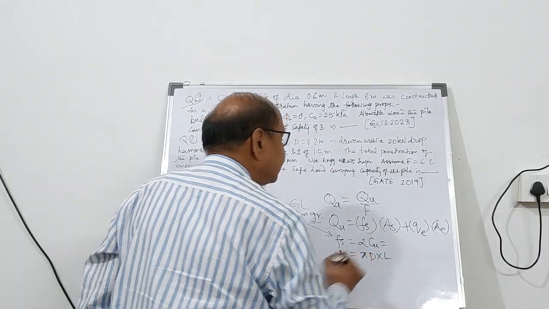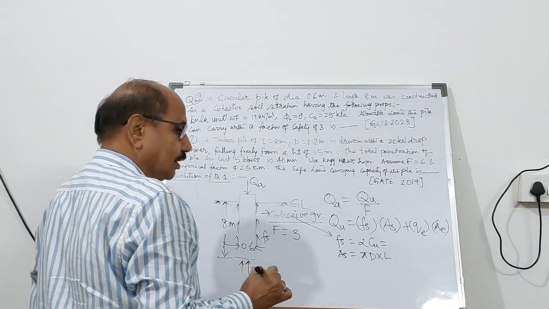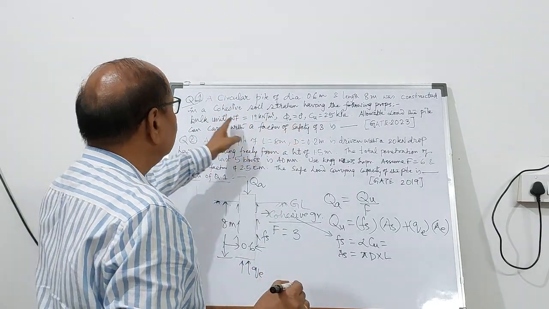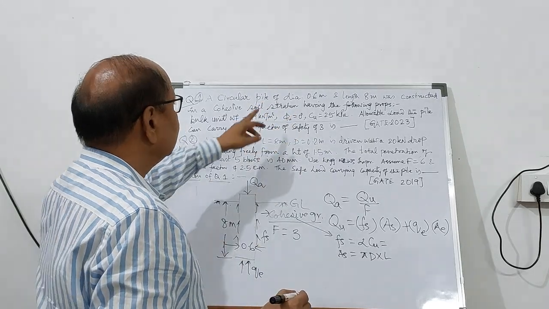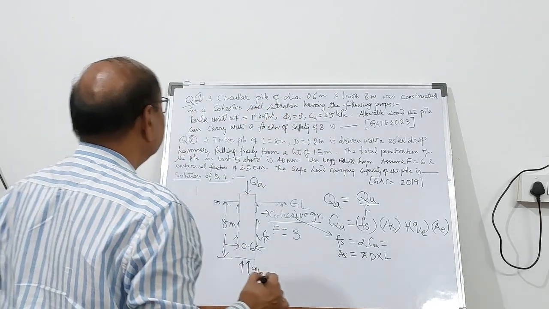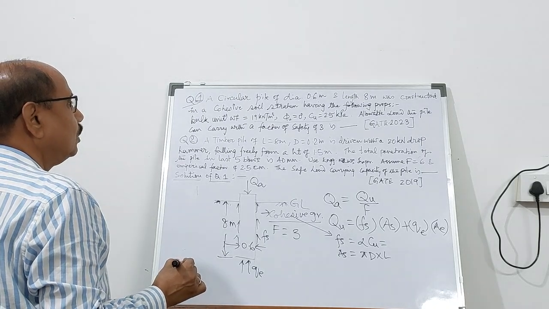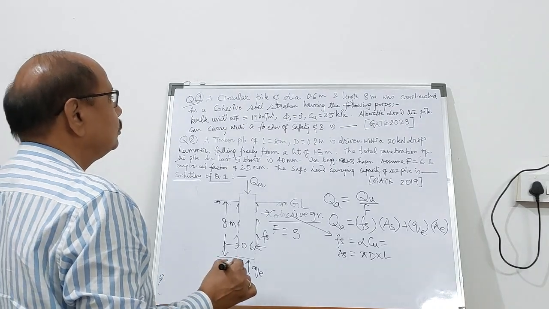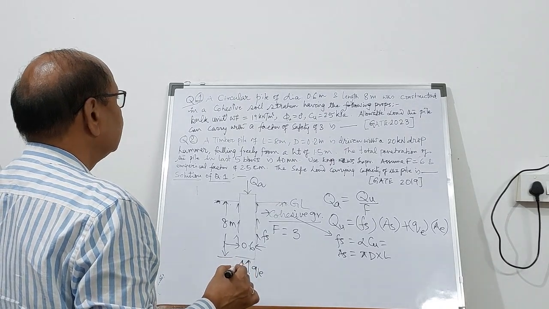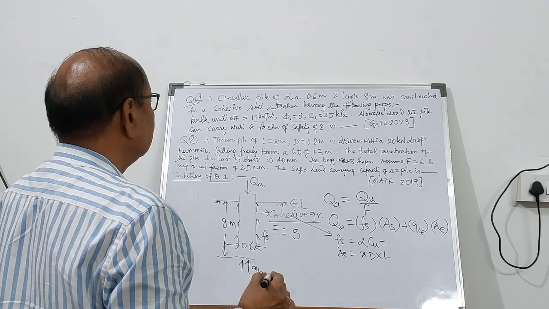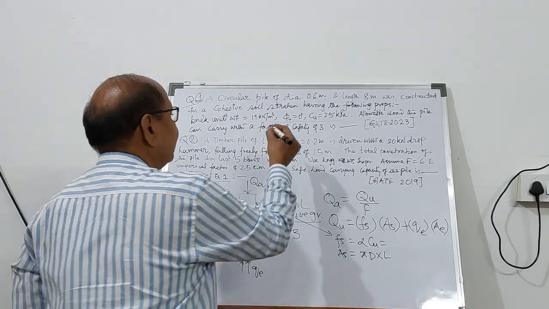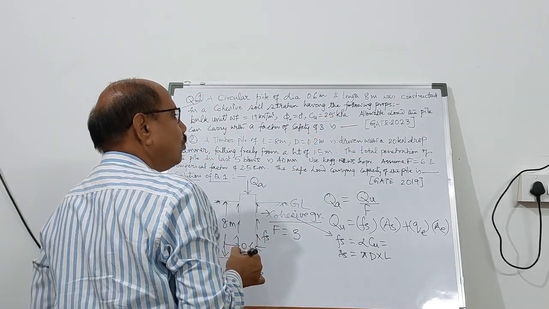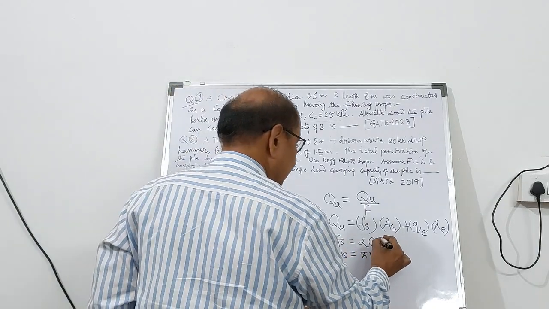So you can calculate it. Alpha, what is the value of alpha? The diameter is given to you, the length is given to you, but the alpha value is not given over here. Because the Cu is less than 40 kilopascal, you can assume this alpha value as 1.